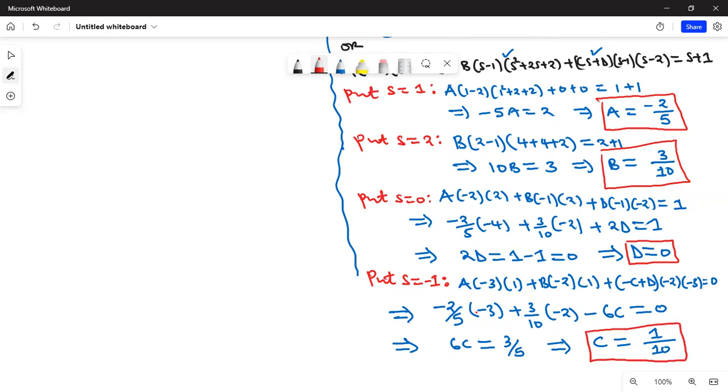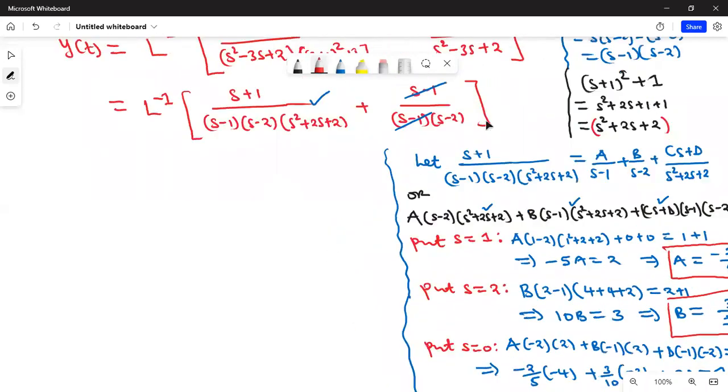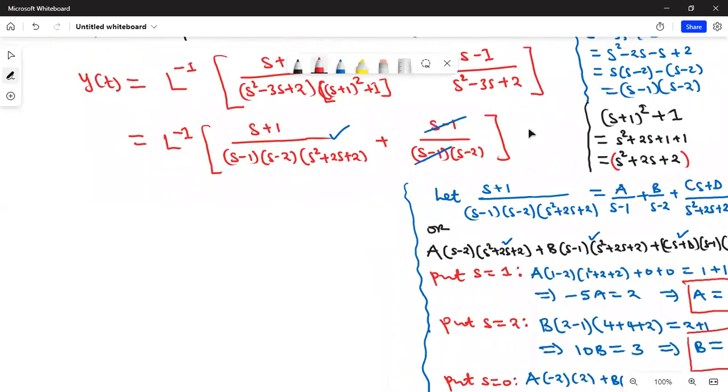So therefore, we need to go back to our fraction and replace whatever values that we have found. So let's go back and substitute the values of A, B, C, and D into what we have found, so that we are now going to write L inverse of, it is A over S minus 1. Our A is negative 2/5 over S minus 1.